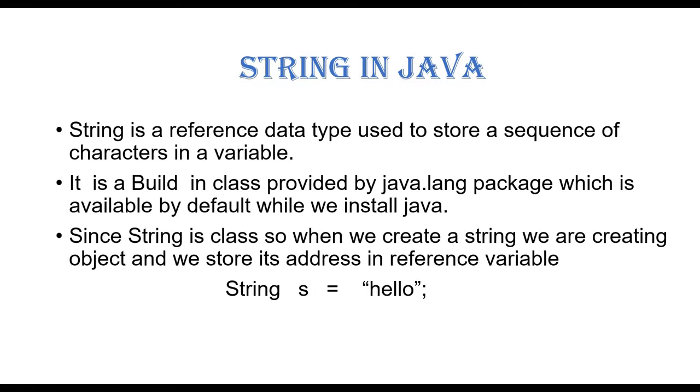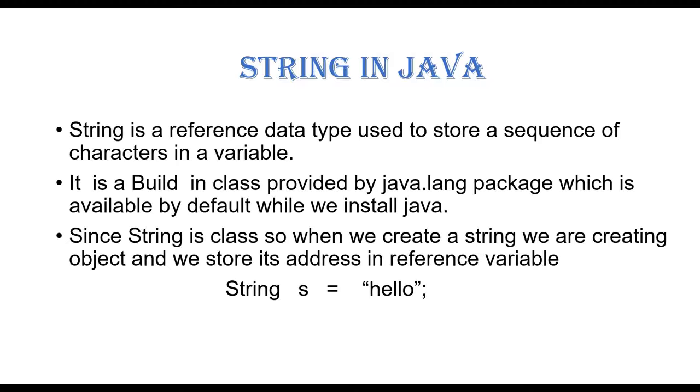So when we write String s equal to "hello", we type the keyword String, meaning the Java compiler is using the inbuilt String class. And once we declare a class, we have to declare a variable for it. So s is a reference variable, and we are storing a string "hello" inside it, which is actually an object.